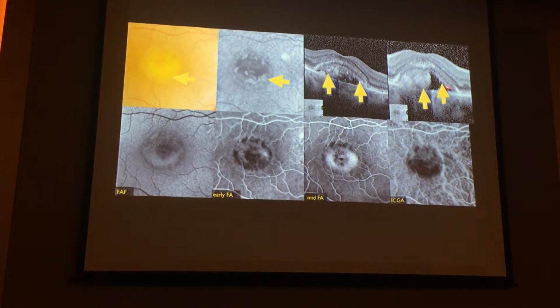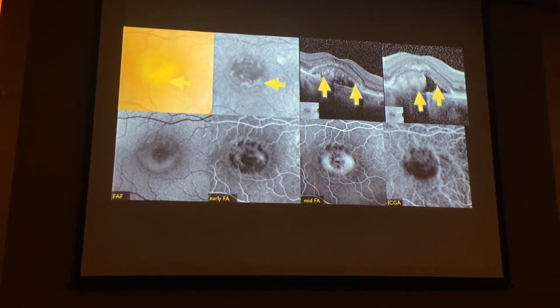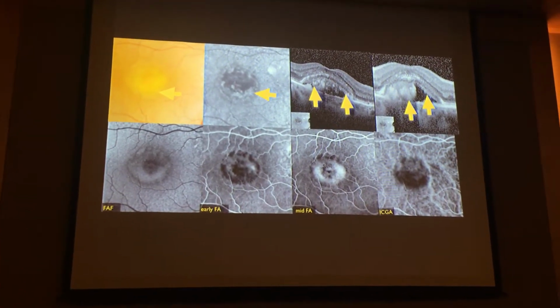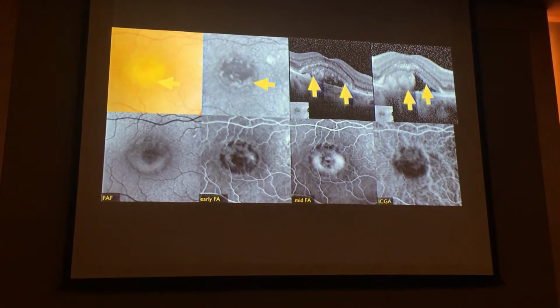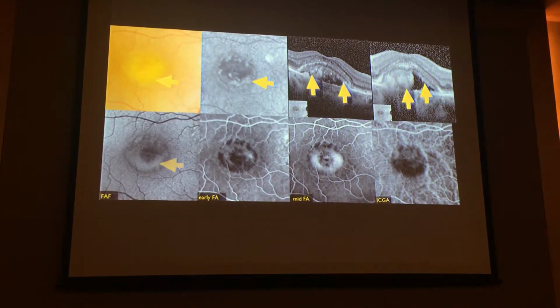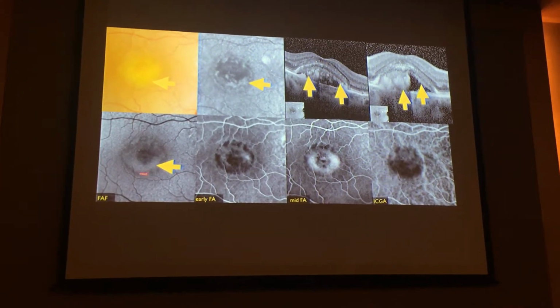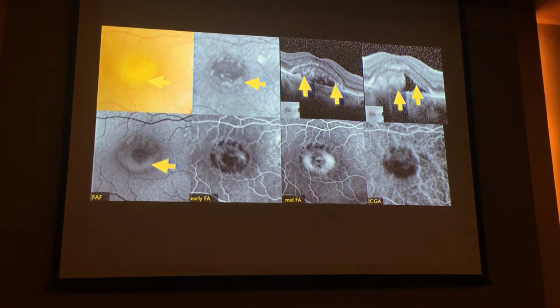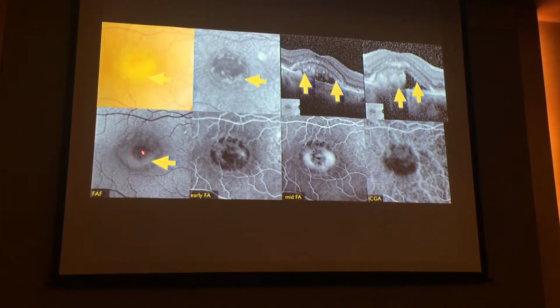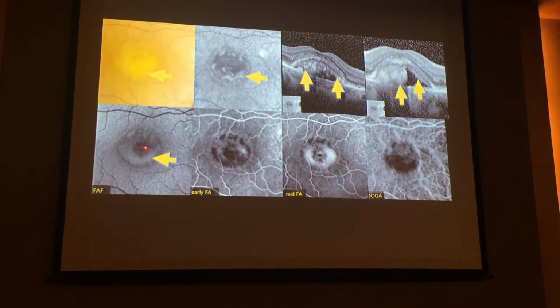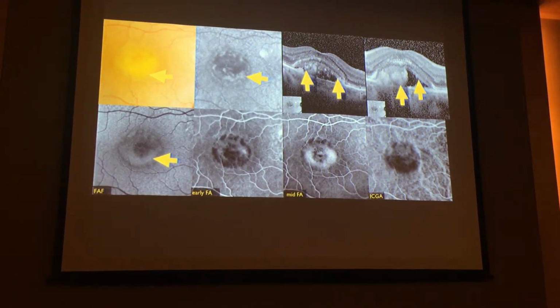So remember that it could be indirectly a good sign for saying it's unlikely that we have a choroidal neovascularization. Of course, if we use autofluorescence, the material is highly autofluorescent, and if you use a blue autofluorescence, you still see the macular pigment, but you don't see it if you use a green autofluorescence.